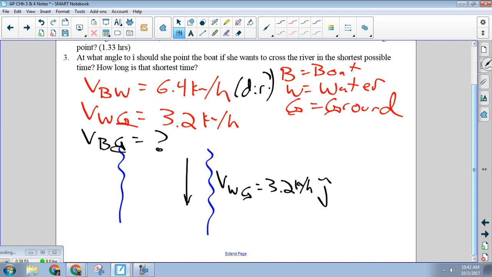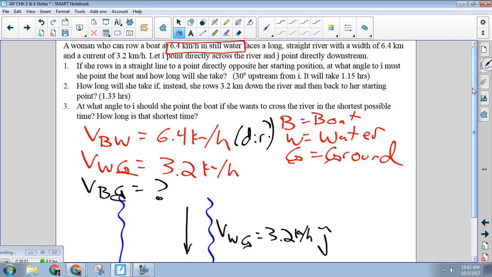What direction does she move across the river when she actually moves? Straight across, right? It says, if she rows in a straight line to a point directly opposite her. So she's going straight across. So this is in the I direction, right?